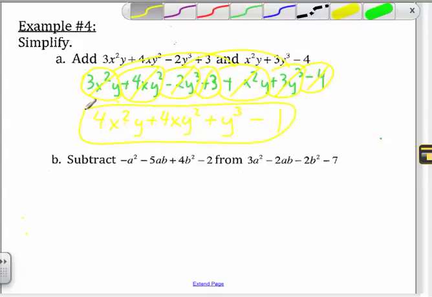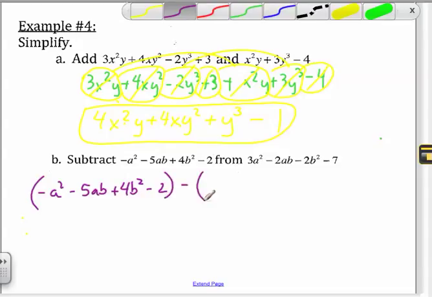All right? Now the next one, you really need to pay attention. Okay? Because it's subtraction. So this one says negative a squared minus 5ab plus 4b squared minus 2, that's in parentheses, minus, this one's also in parentheses, 3a squared minus 2ab minus 2b squared minus 7.